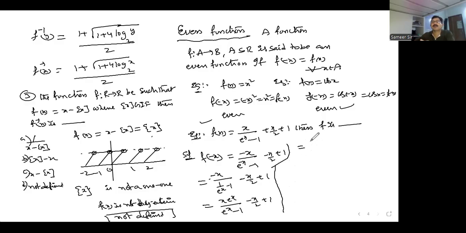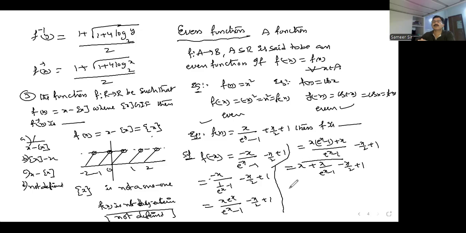What I am doing here is taking e to the power of x minus 1. Now what do we have to do? We have to write plus x. Adding 1 and subtracting 1 here, e to the power of x minus 1, whereas here x by 2 plus 1. Now if you segregate or split, you will get x divided by e to the power of x minus 1, plus x by 2, plus 1.